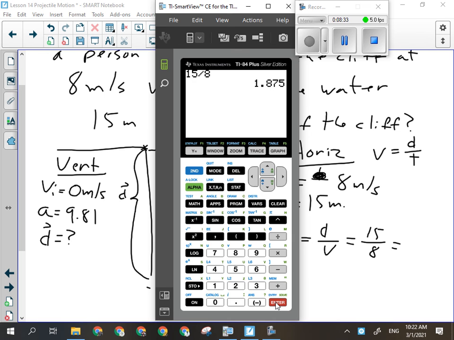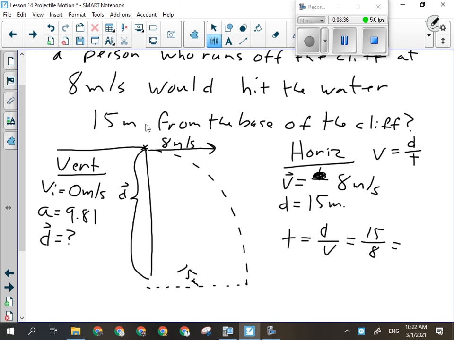Okay, so I got 1.875 seconds is my time here. That time can be used over here because the time it moves horizontally and the time it moves vertically are the same. Now can I calculate D?